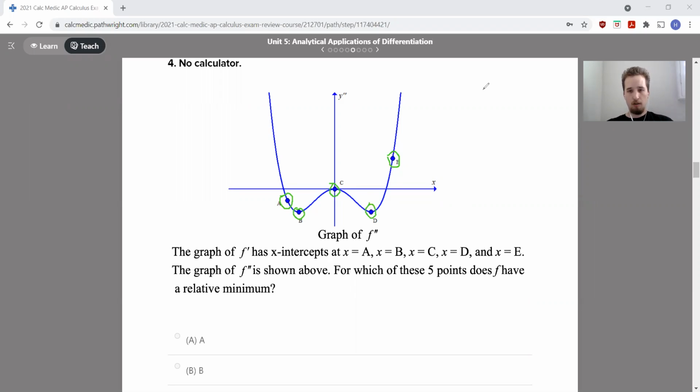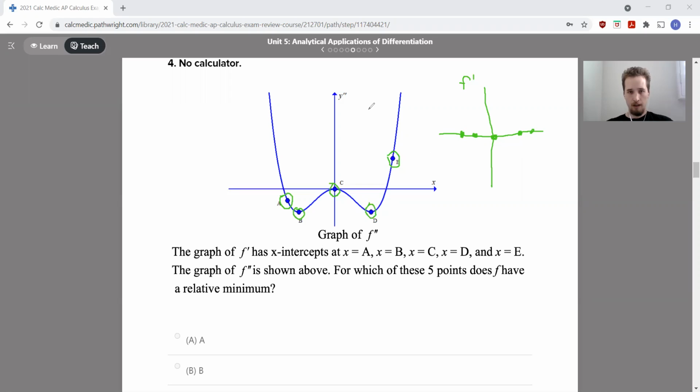So if I'm to draw a graph of f prime, well, there must be a point at x equals A, x equals B, x equals C, x equals D, and x equals E. So this is a graph of f prime.